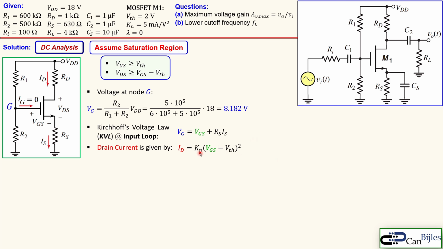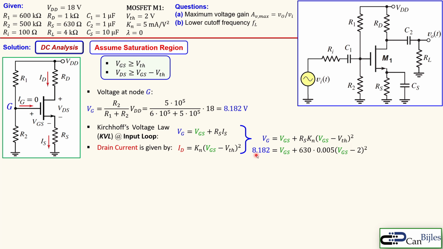You see the Kn appearing from the MOSFET specification and also the threshold. We can substitute the source current, because those are the same. So we take them together and we have this expression, and in this expression only VGS is unknown, because VG is known, RS is known, Kn is known, and the threshold voltage is known, so we can solve this.